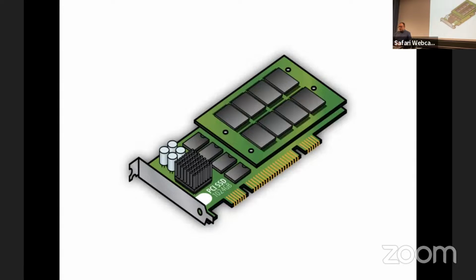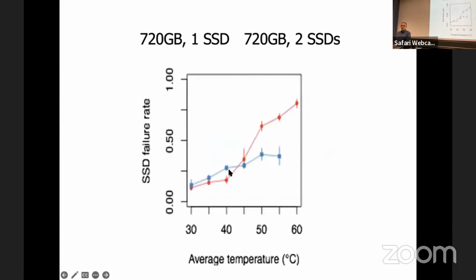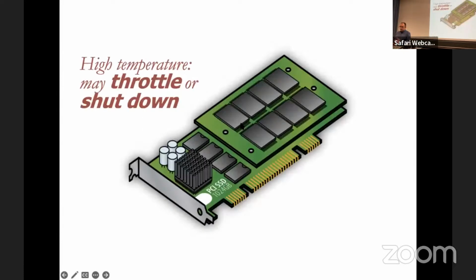We also did this analysis on temperature. SSDs have a temperature sensor, so you can actually profile temperature. There are some SSDs where, because of their load, temperature increases, and then the SSD failure rate also increases. That's not good. But there are also some SSDs that use throttling techniques or shutdown.